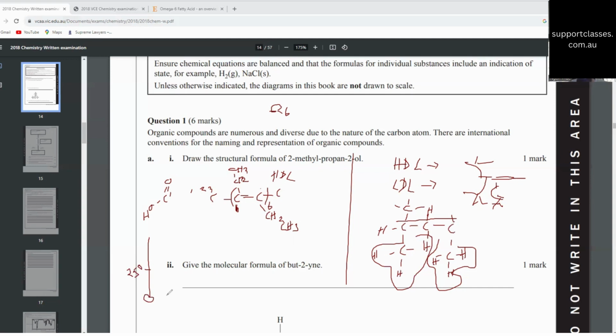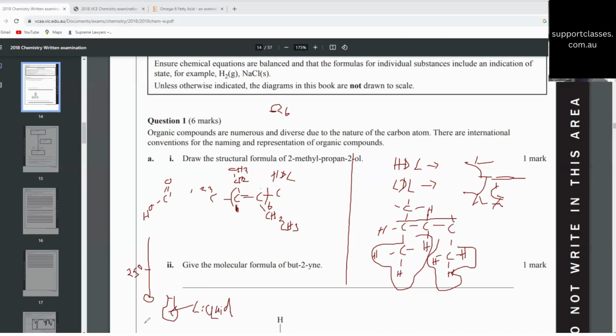You have a liquid, the bottle of oil, like canola oil or olive oil.